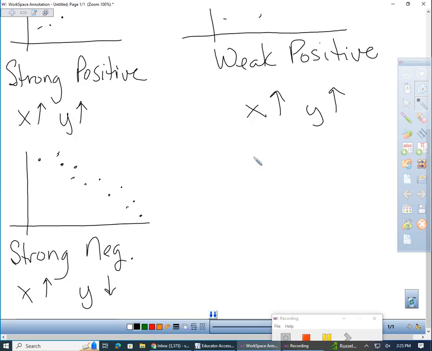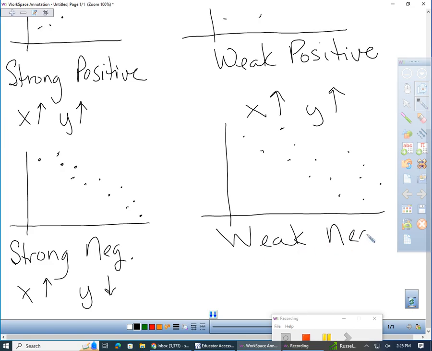If those same dots are a little more spread out, they're still going kind of in a negative direction, but not exactly in a line, we're going to call this a weak negative correlation. And again, as X goes up, Y goes down.